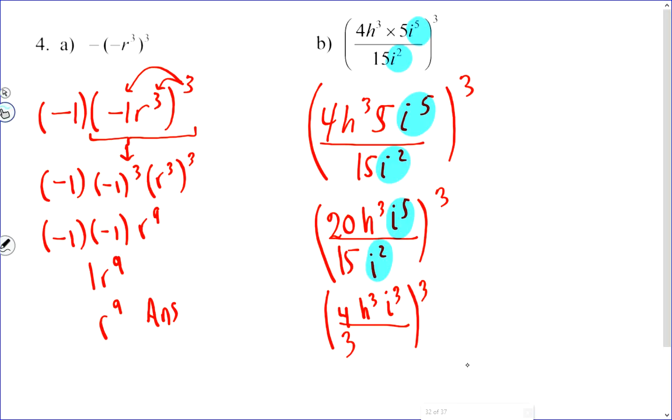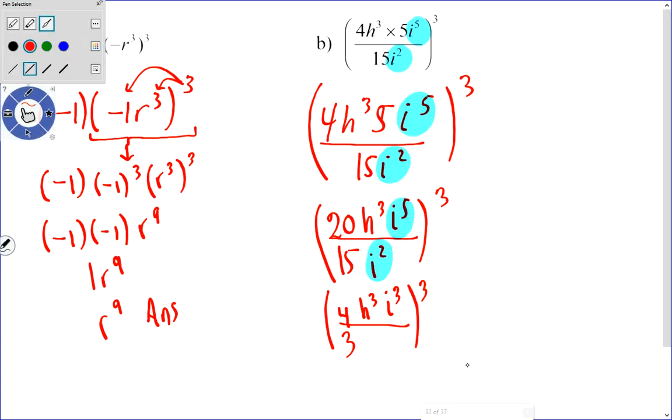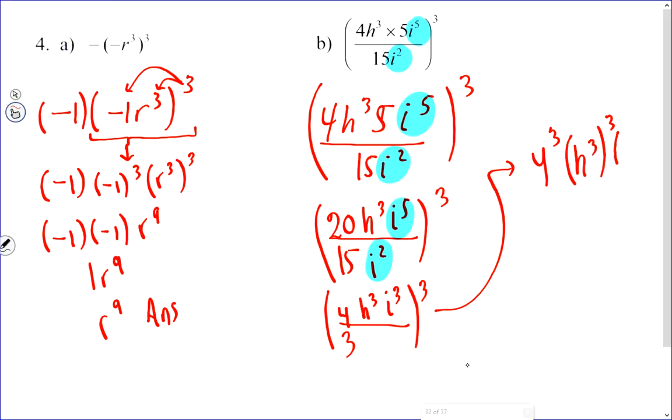Now this whole thing is cubed, so what I can do in my next step is take the 4 and raise it to the 3. Take the h cubed and raise it to the 3. Take the i cubed and raise it to the 3. Take the 3 in the denominator and raise it to the 3.